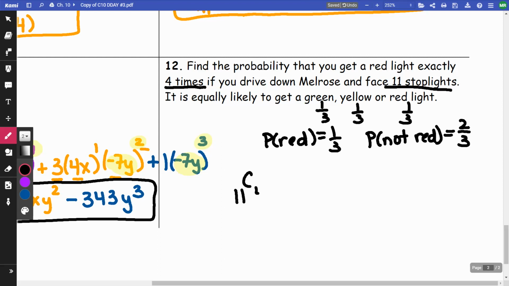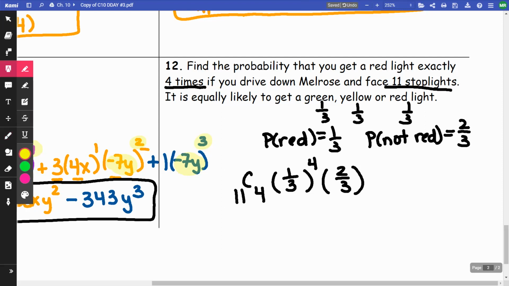Choose 4 times that it's red. And so the probability of a red is 1/3, and this is going to be to the power 4. And the probability of not a red is 2/3. And when we do this, we take this exponent plus this exponent has to equal that number. So if 4 of them are red, that means 7 of them are not red.